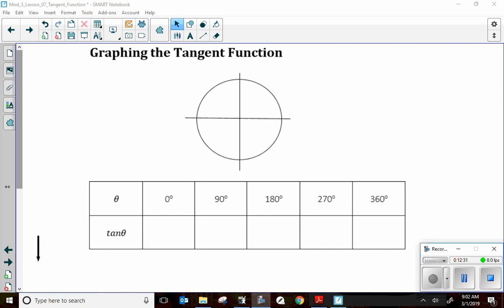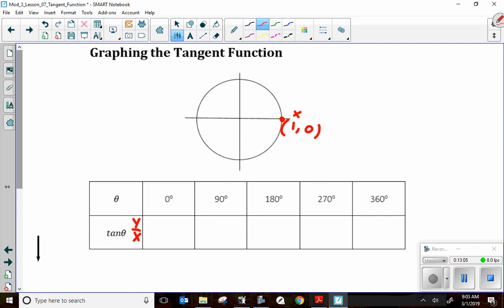You remember how we did this with sine and cosine? We came up with a table, and eventually from the table, we are going to create a graph. We're going to do the same thing with tangent. We did this with sine and cosine already some lessons ago, and let's do this with tangent. Now, for tangent, tangent is y over x. So each one of these coordinates, which is 1, 0, that's my x and my y.